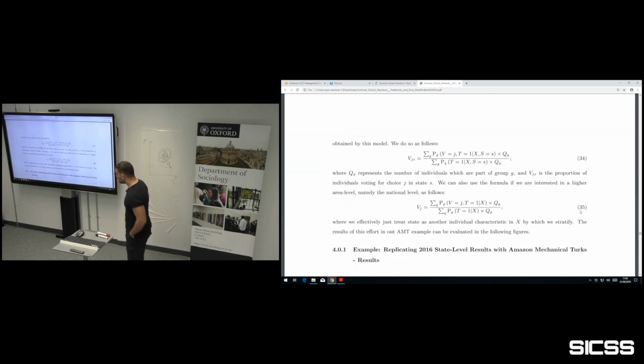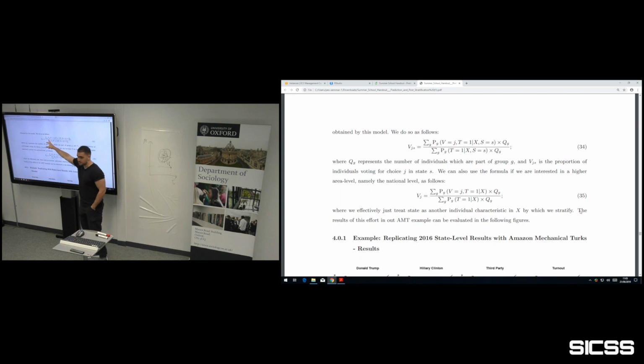After we have estimated these quantities, P of G, the joint distribution of turnout and vote, and then the conditional distribution of turnout, we can estimate the area level proportion of people who will vote for a given party and turn out with this formula.